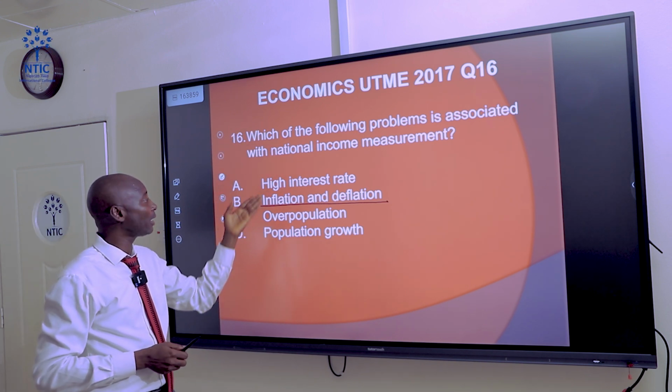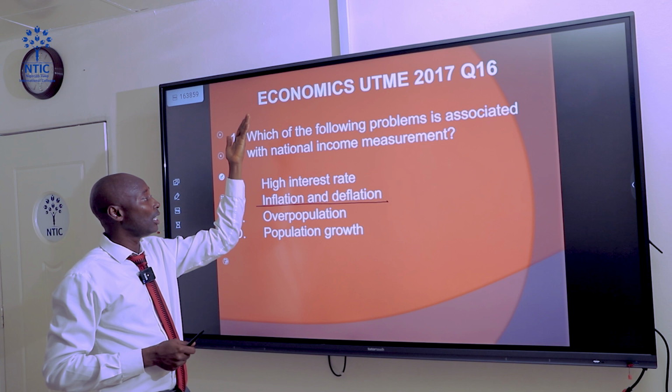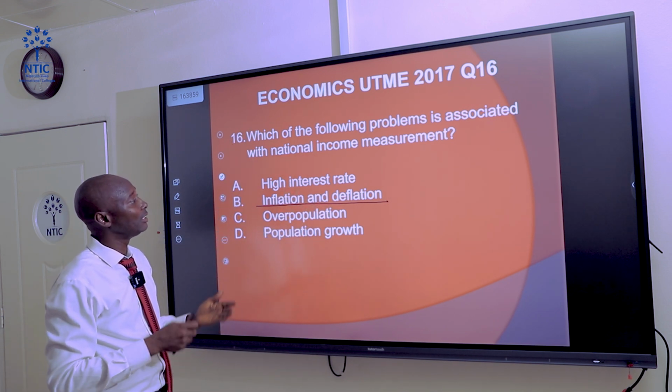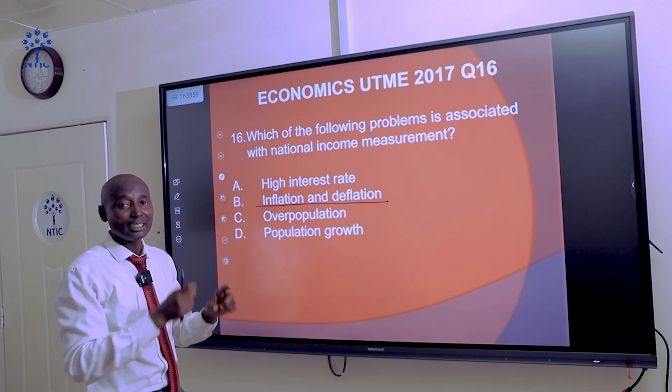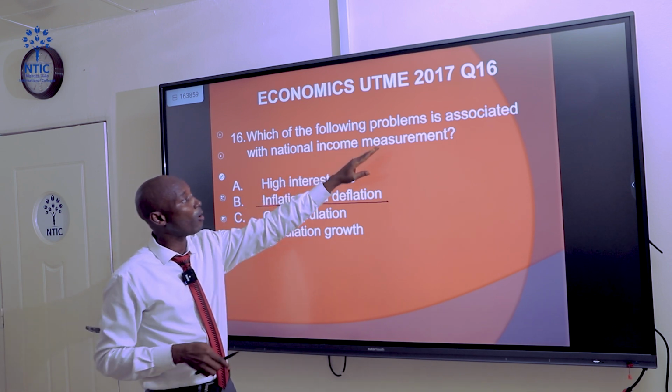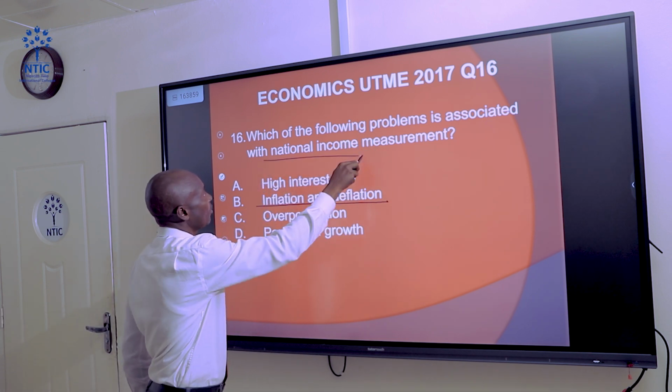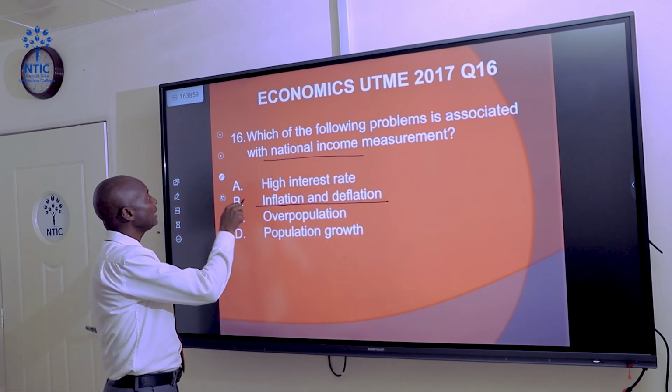So if you have persistent rise in the price level, or persistent fall in the price level, it's a distortion in the measurement of the national income. So our answer is B.